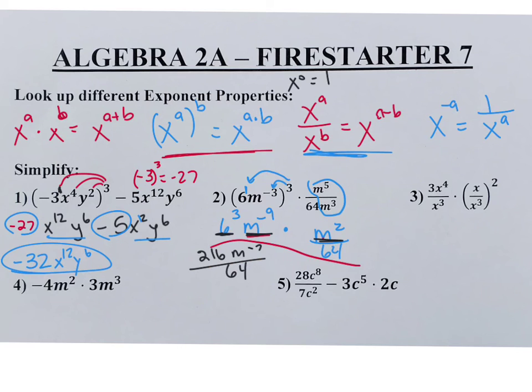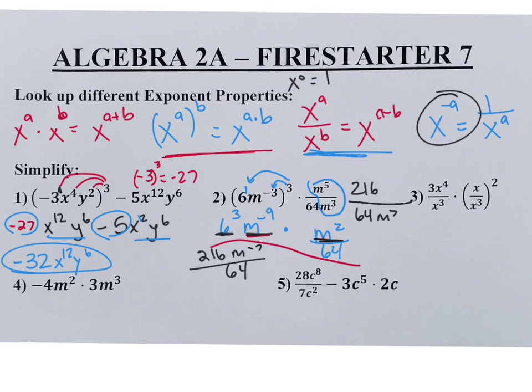Now, since we're not allowed to have a negative exponent right here, this is this property, that m is going to go downstairs and live with 64. 216 doesn't have to move because it doesn't have a negative exponent. It technically has a little 1 there. So the next step is going to say 216 all over 64 m to the 7th, because now that m is positive.